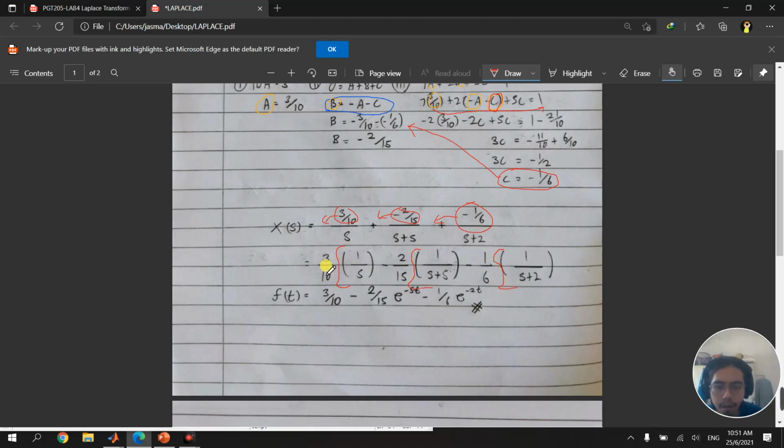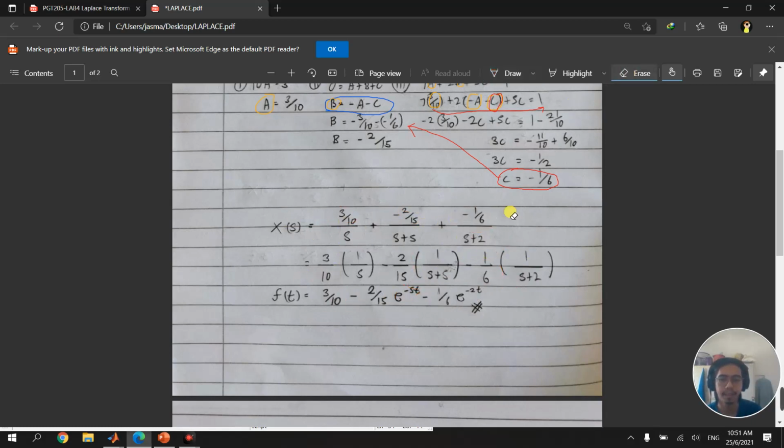And then from there we look at the table, and 1 over s is equal to 1, and 1 over s plus 5 equals e to the negative 5t, and negative 1 over 6, 1 over s plus 2 is equal to e to the negative 2t, 1 over 6.